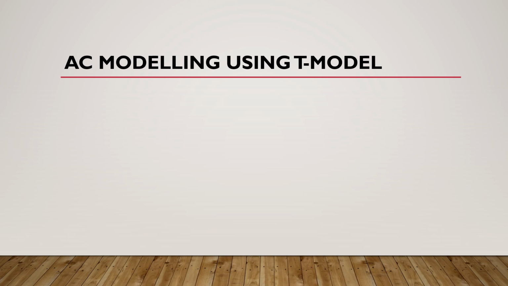We know that the symbol of NPN transistor is like this, where the arrow is here. This terminal is collector, this is base, and this is emitter. Now its equivalent T model circuit will look like this. Now this terminal is emitter.